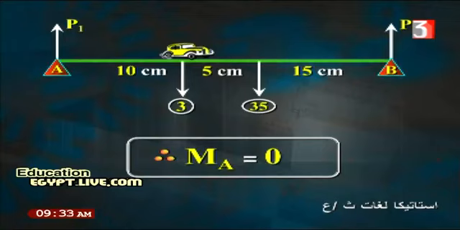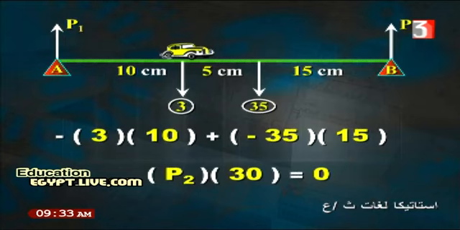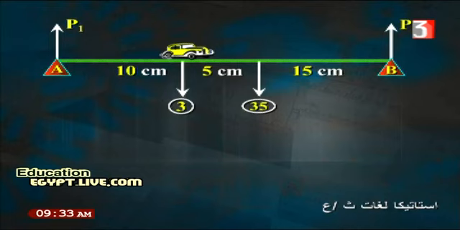The 3 forces. We have 3 forces: 3, the weight of the car; 35, the weight of the bridge; and B2, the reaction of support at point B. Therefore, by using the summation of moment, negative 3 times 10, plus negative 35 times 15, plus B2 times 30 must be equal 0.